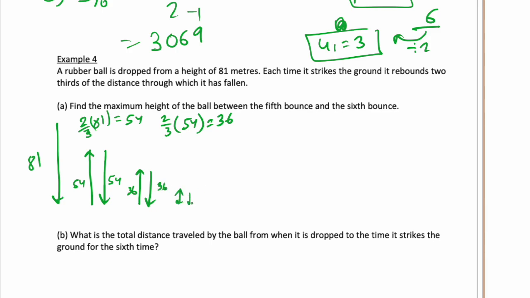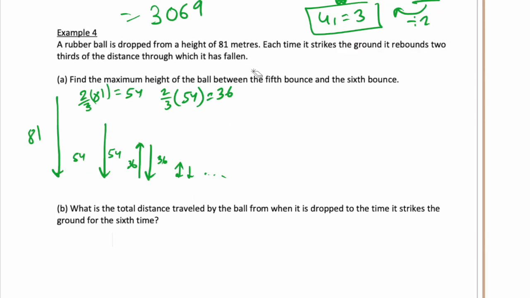Technically, when you do this, the ball has an infinite number of bounces, so it just keeps going. If we look for the maximum height between the 5th and the 6th bounce, we'll define the bounce as when it hits the ground at this point. So let's call this first bounce, second bounce, third bounce, fourth bounce.